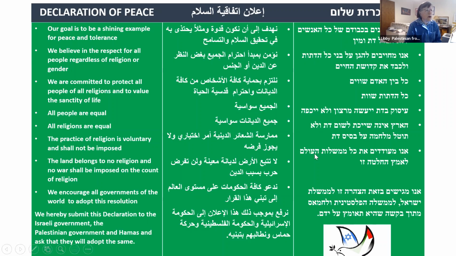The practice of religion is voluntary and shall not be imposed. The land belongs to no religion, and no war shall be imposed on account of religion. We encourage all governments of the world to adopt this resolution. We hereby submit this declaration to the Israeli government, the Palestinian government, and Hamas, and ask that they adopt the same.